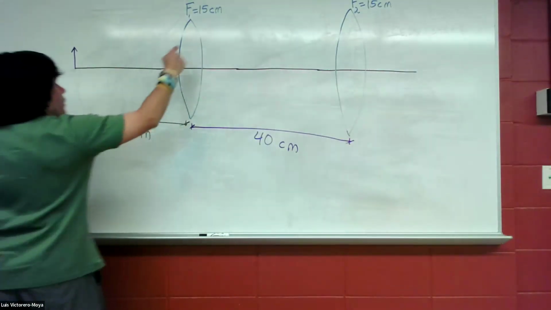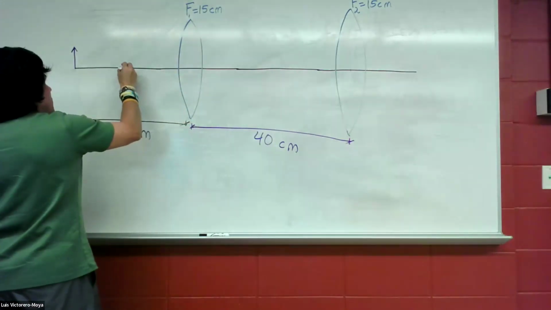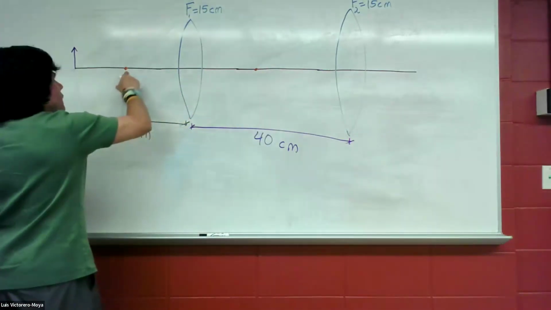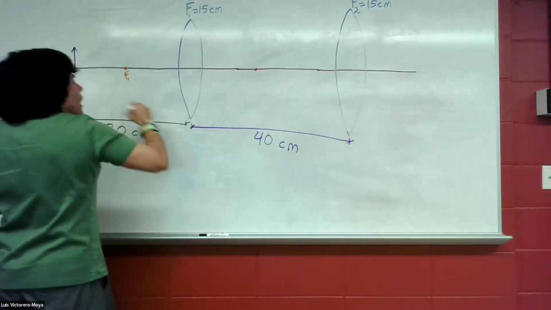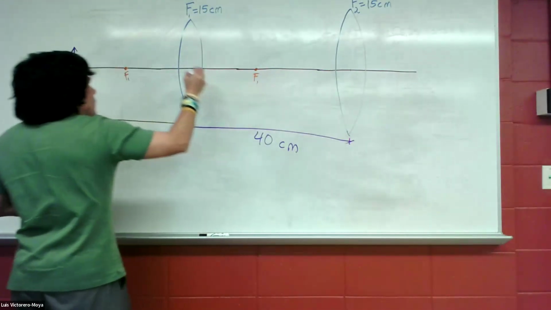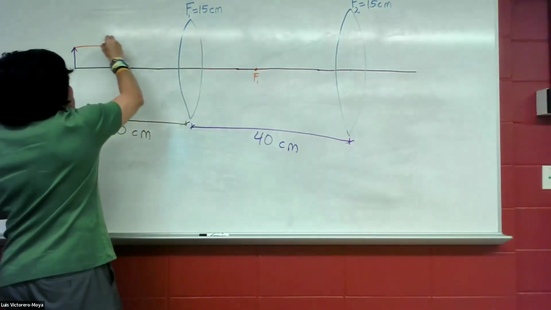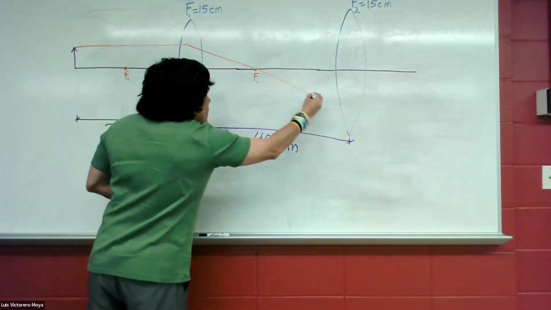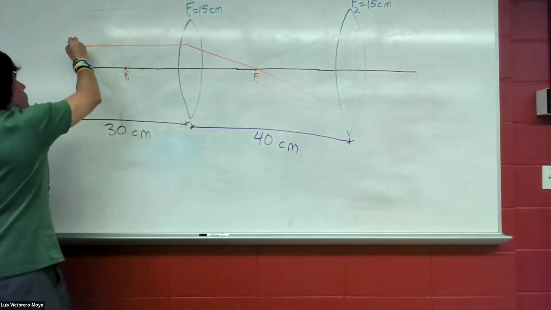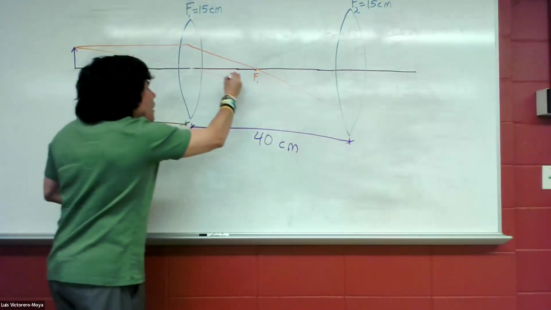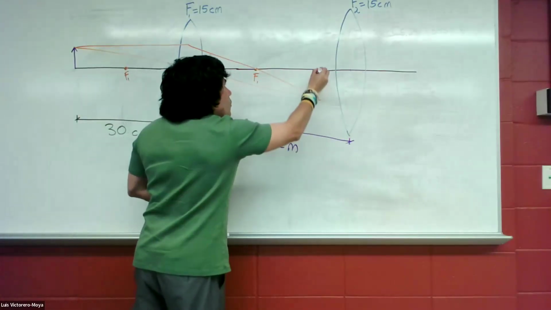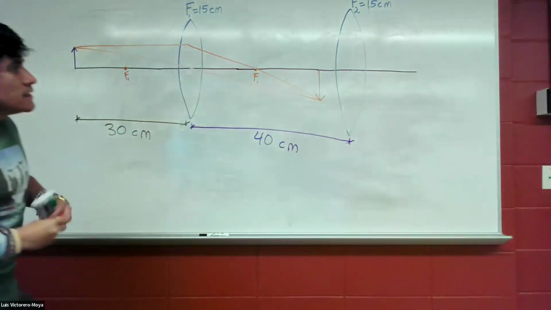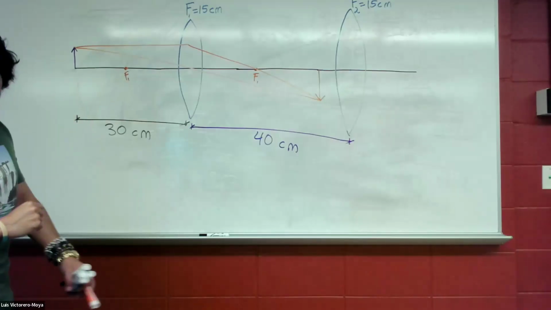If I do ray tracing, by the way, the focal is 15, so it's halfway through here. So this is f1. Our lens has two focal points, by the way, because it has two surfaces. The image is very close to the second lens.